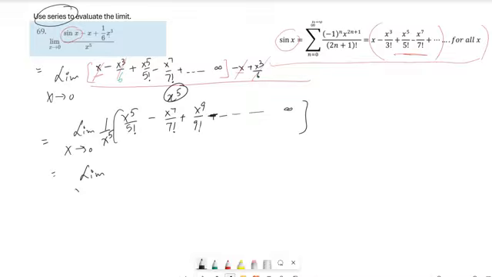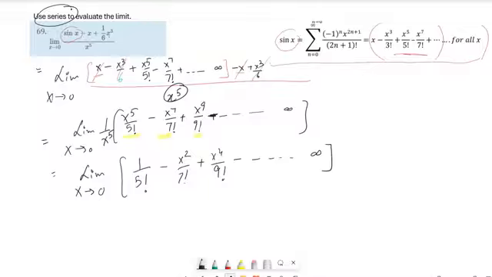So basically just means that each term here is divided by x to the power 5. So here the first term will be 1 by 5 factorial, minus x7 when divided by x5 will be x squared by 7 factorial, plus x9 when divided by x5 will be x4 by 9 factorial, minus so on to infinity.